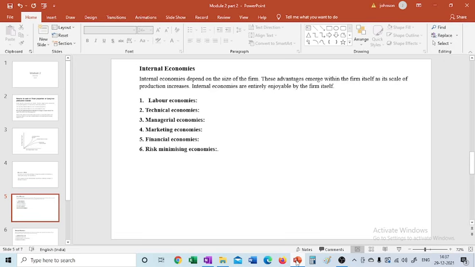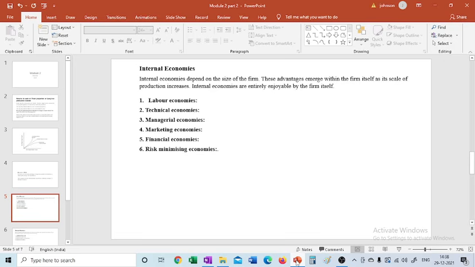So what are the different types of internal economies? The first one is labor economies. What are the advantages in the case of labor? Labor economies means, when there is large scale production, there will be a large number of workers, so we can apply division of labor. That is an important advantage. When there is division of labor, that increases efficiency and productivity of the workers.